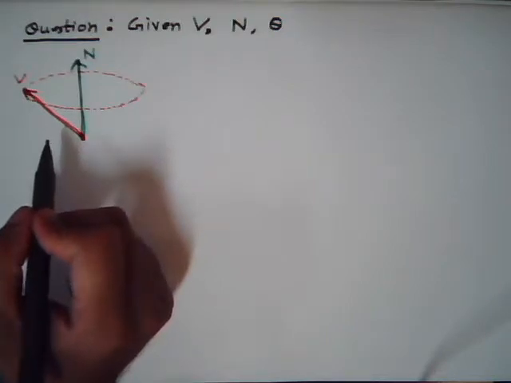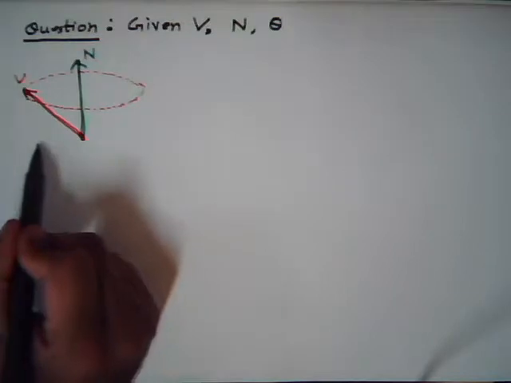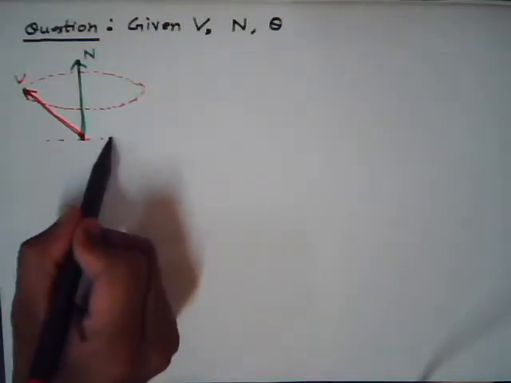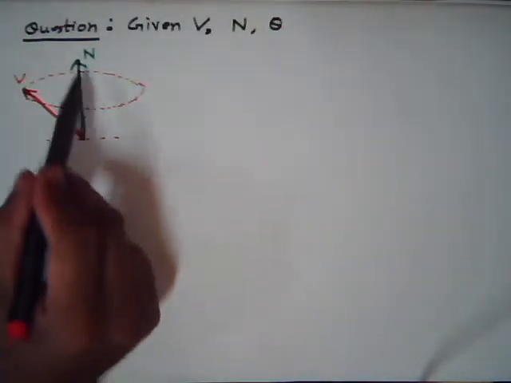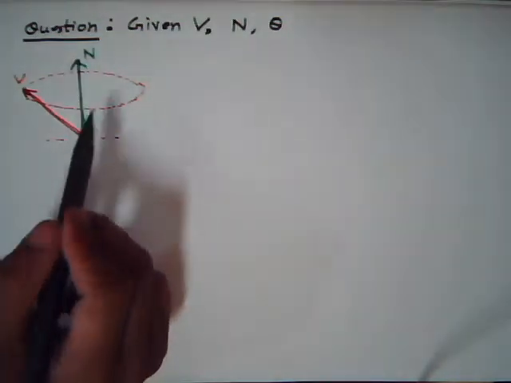To get the answer, we shall consider a plane which passes through this origin, and which is perpendicular to this axis of rotation.